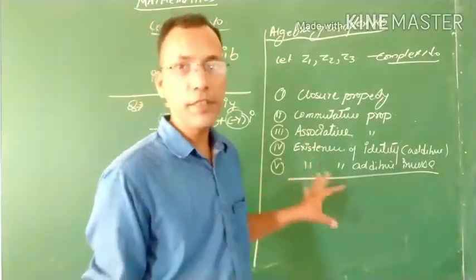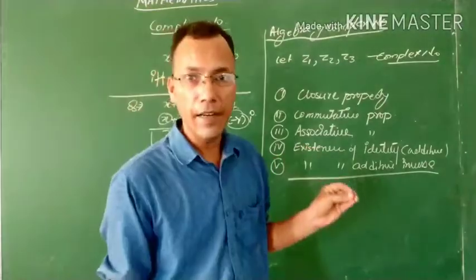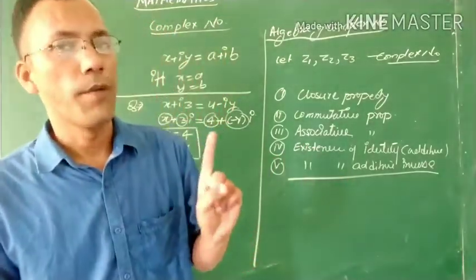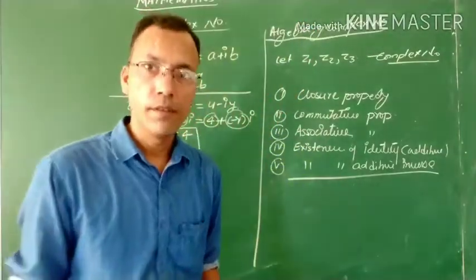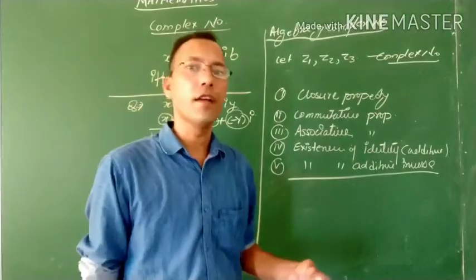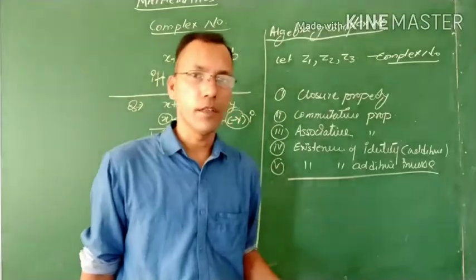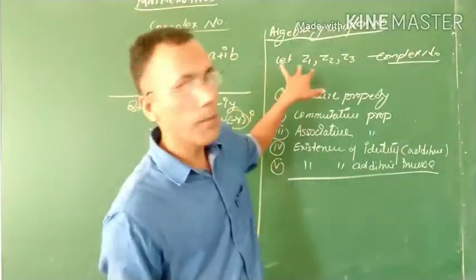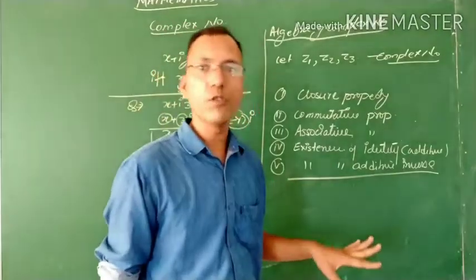See, the first thing, the closure property. In earlier classes, you have studied that if integers are added to integers, then the result is an integer. If I add a real number to a real number, that will be a real number. Like 1 plus 1 is equal to 2. 1 is an integer, 2 is also an integer.